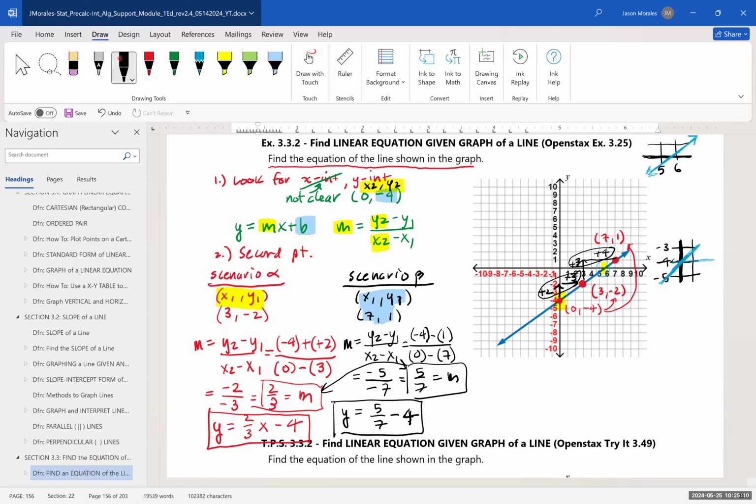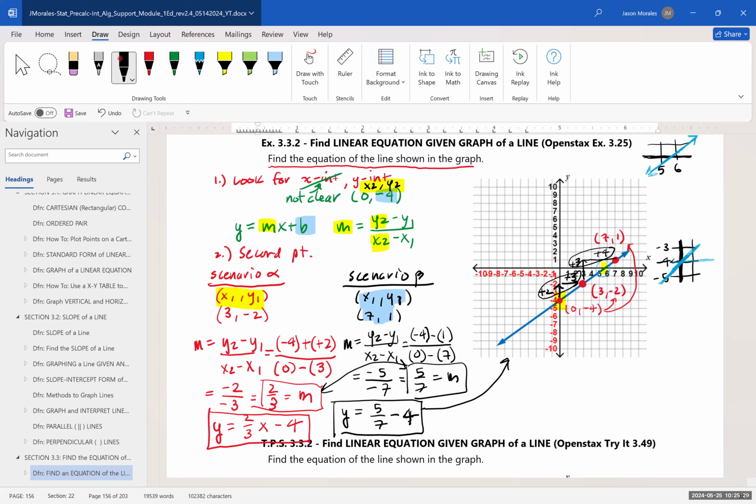So I did the best I could when I created this example and I put this line on this graph to make sure that it went undeniably through the intersection in a grid. But it looks like I didn't line it up exactly right.